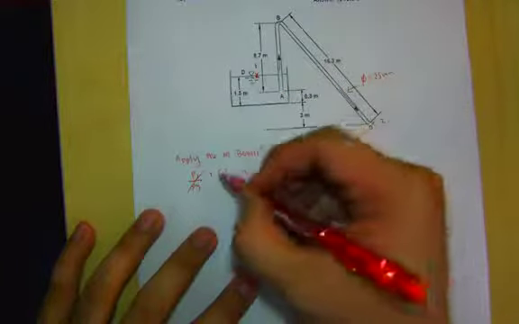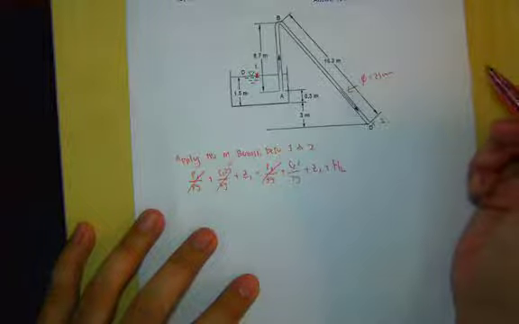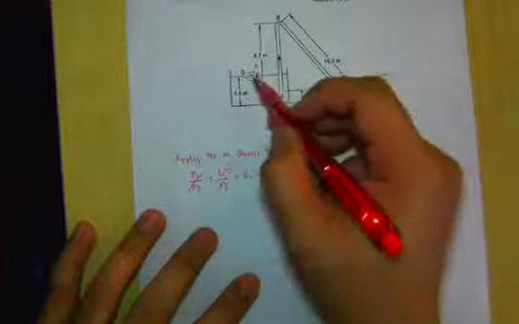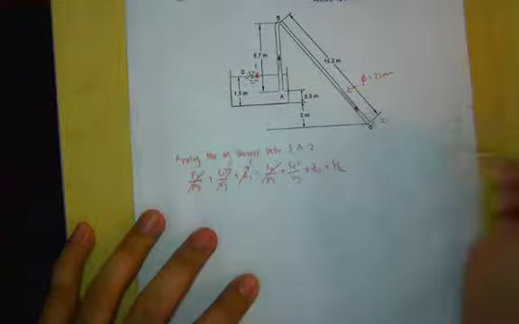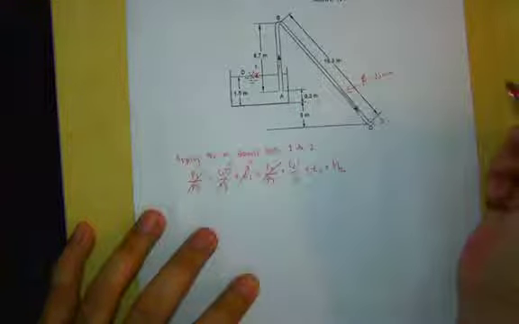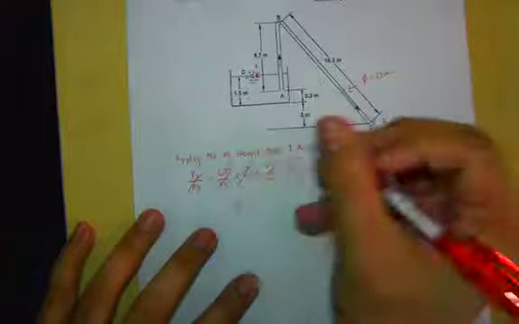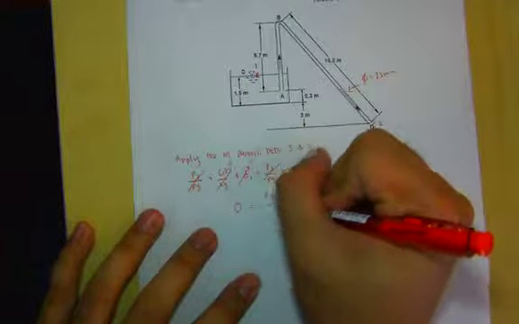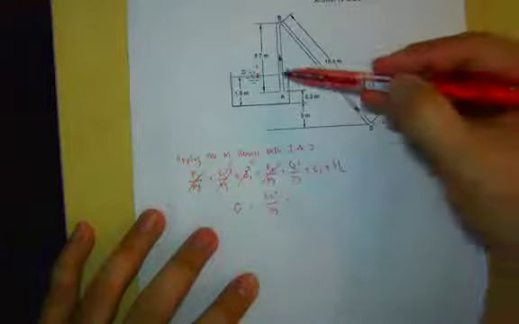So P1 over rho g plus C1 square over 2g plus Z1 is equal to P2 over rho g plus C2 square over 2g plus Z2 plus the losses. Okay, so same thing, since P1 and P2 are the same, both exposed to the atmosphere, they will cancel off.